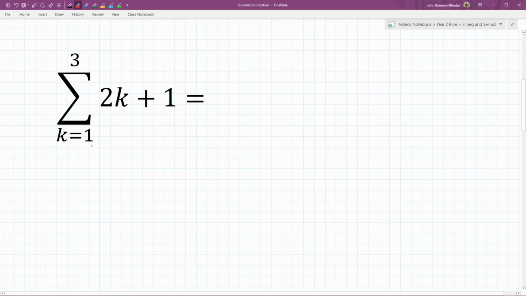Okay, let's do another example. So this is the sum from 1 to 3 of 2k plus 1. If I put k equals 1 into that expression, I get 2 times 1 plus 1. Now I want to put k equals 2 into that expression, so I add to that 2 times 2 plus 1. Note that the 1 just doesn't get anything. When we substitute k into 2k plus 1, it's still 1.